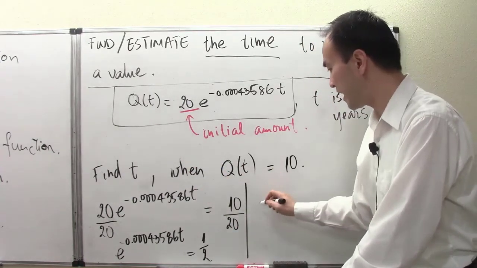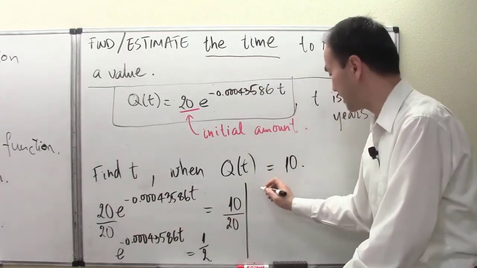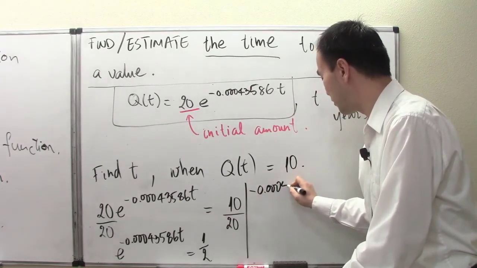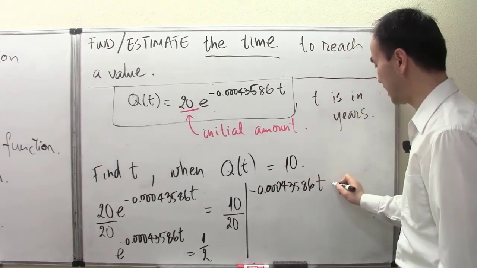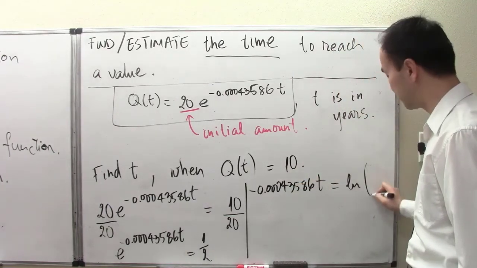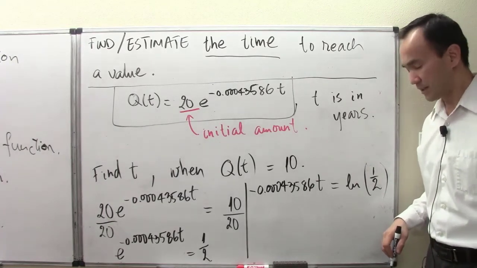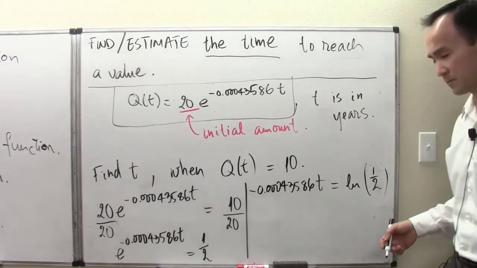The part in the exponent can be rewritten as minus 0.0004356 times t, and all of that equals the natural log of 1/2. Now I'm ready to solve for the value of t.